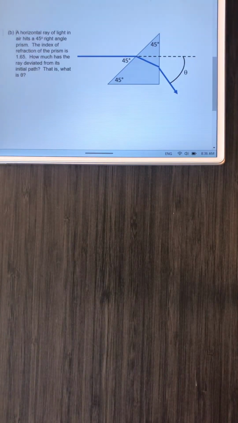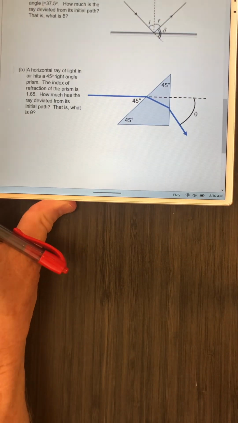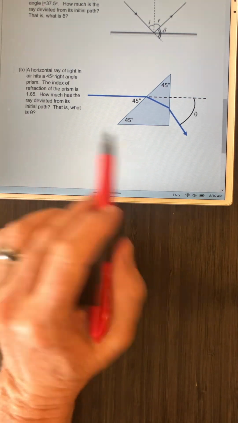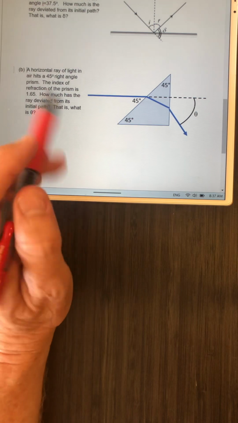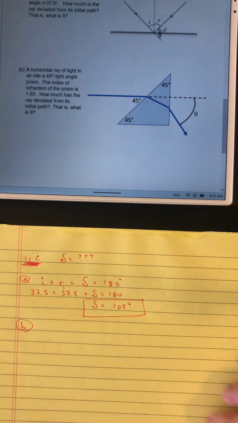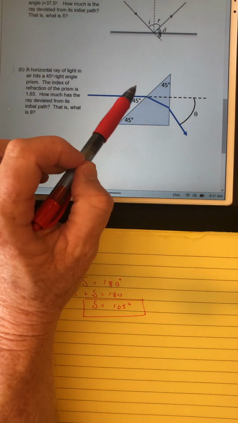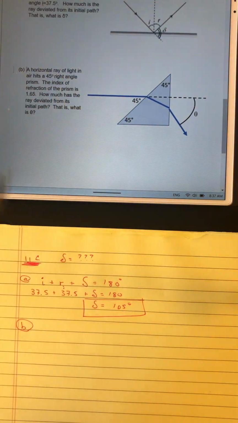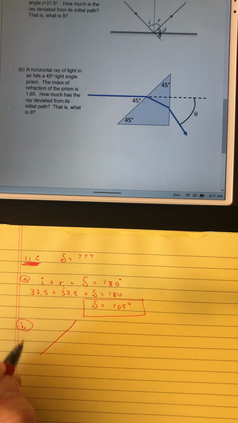Now B is a little bit harder because it uses the law of refraction, but I also tried to set it up so that it's actually fairly easy to do. And we do have some refraction, and we have it twice. And so let me talk about the bending of the light as it enters the glass.